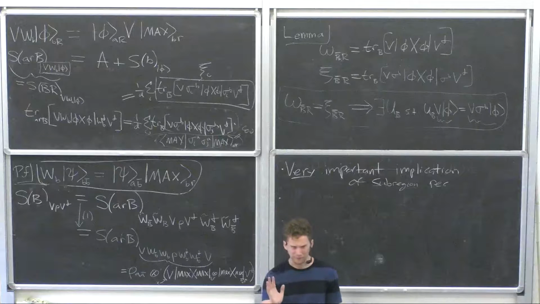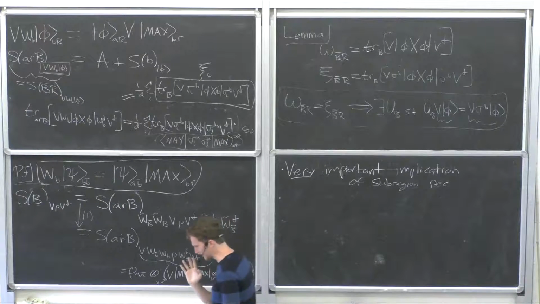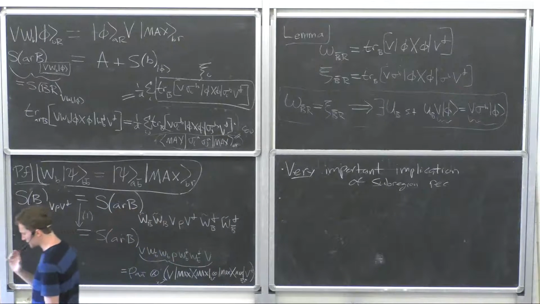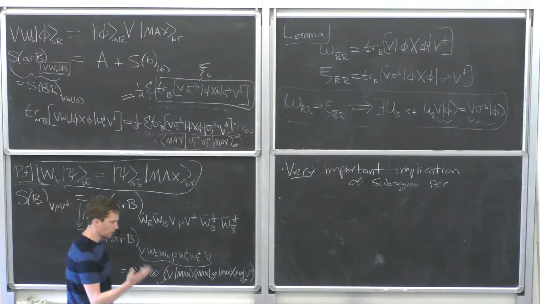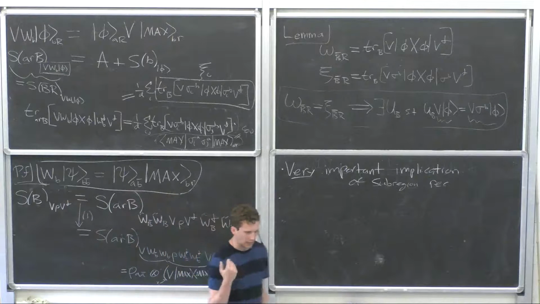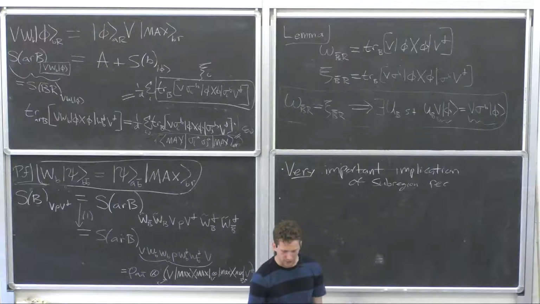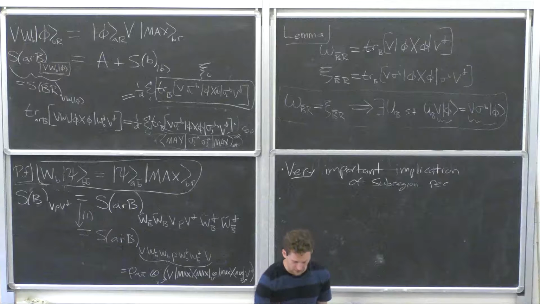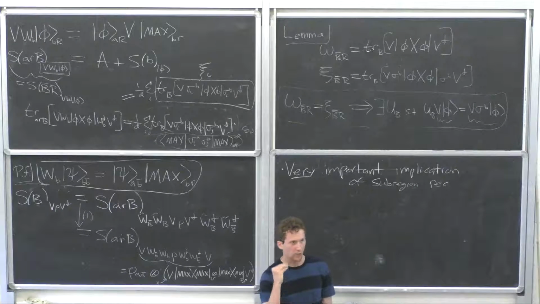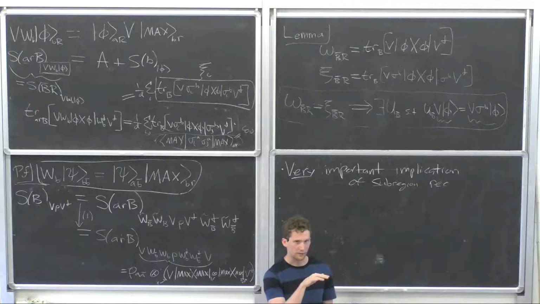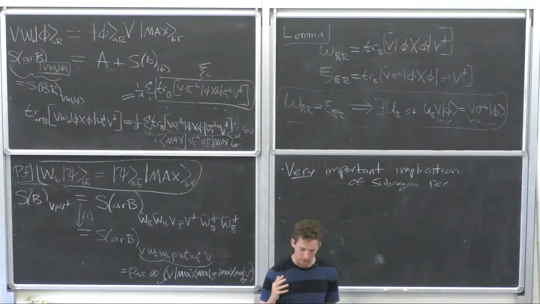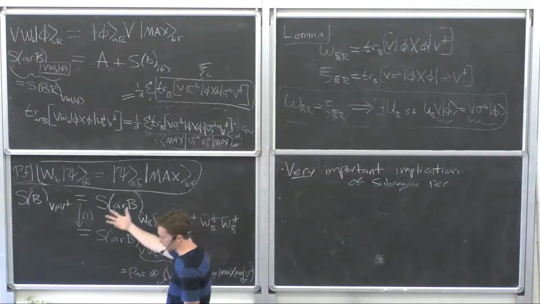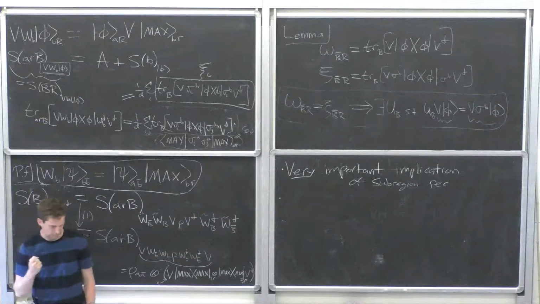And the answer is no. It's not the case that these operators this theorem guarantees work on all states. They won't work on all states, and we're going to prove that to you. So this is very significant. It's going to tell us that if we want to go beyond this limited context of fixed QES subspaces, if we want to talk about black holes, for example, we need to have a more general theorem. Okay.